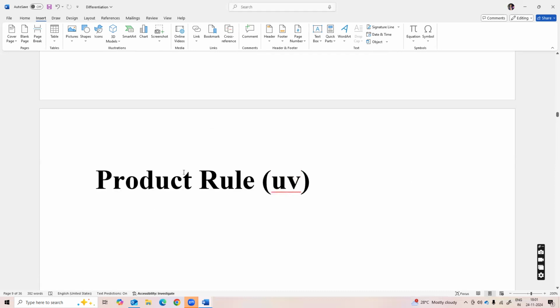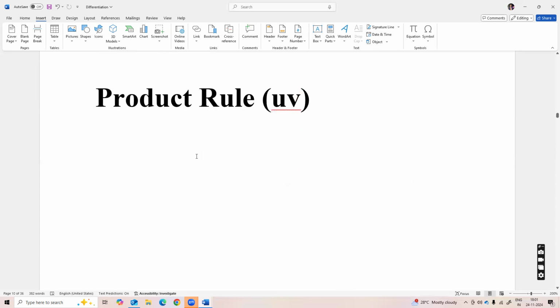Now we will see the product rule. Product rule means if you are having, let's say, y is a function like y is equal to x sine x. So it is multiplication of two terms, right? One is x and one is sine x. So how will you find the derivative?